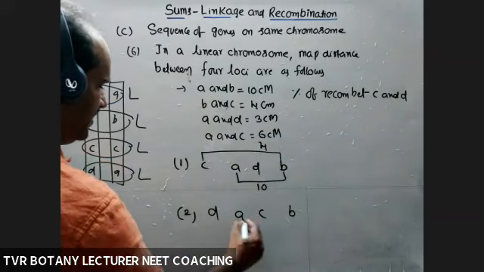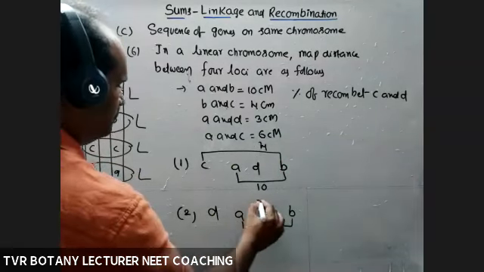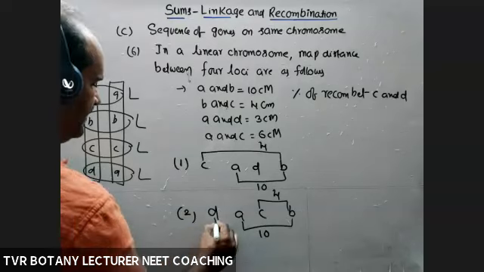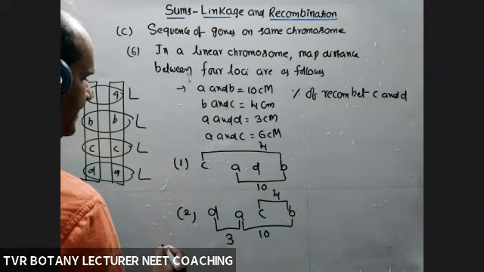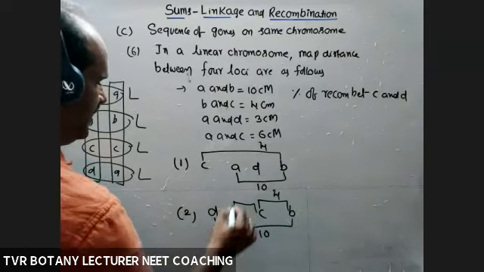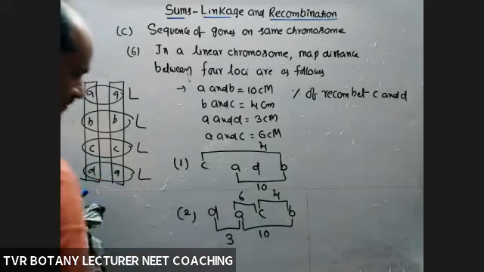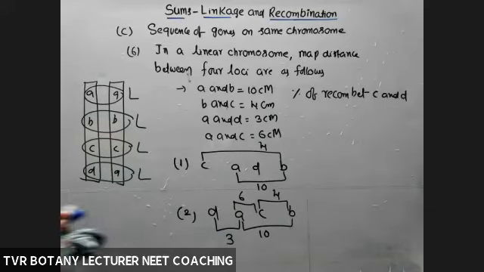AB. A and B, 10. BC, 4. AD, 3 centimorgan, sorry. A and C, A and C 6. Okay, what they're asking is the distance between C and D. Okay, C and D. The given one is 3.